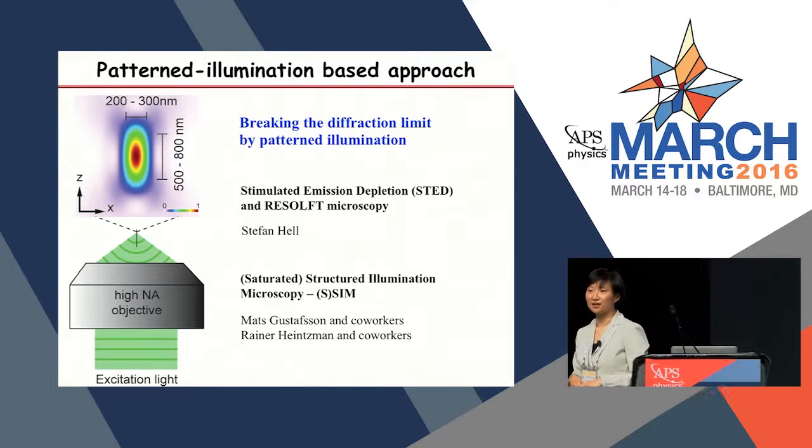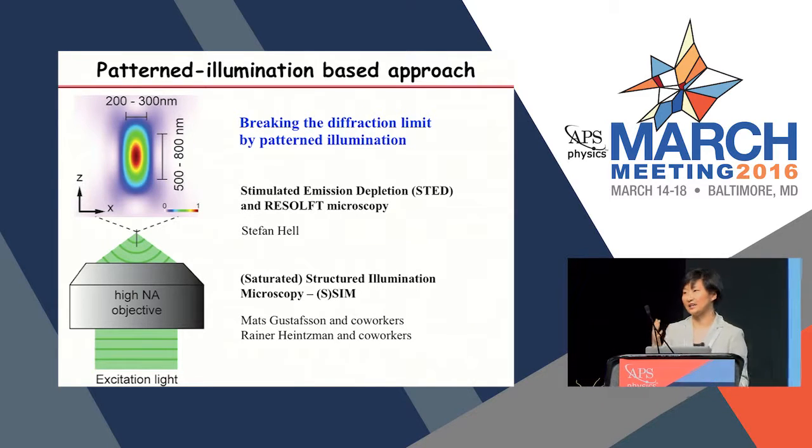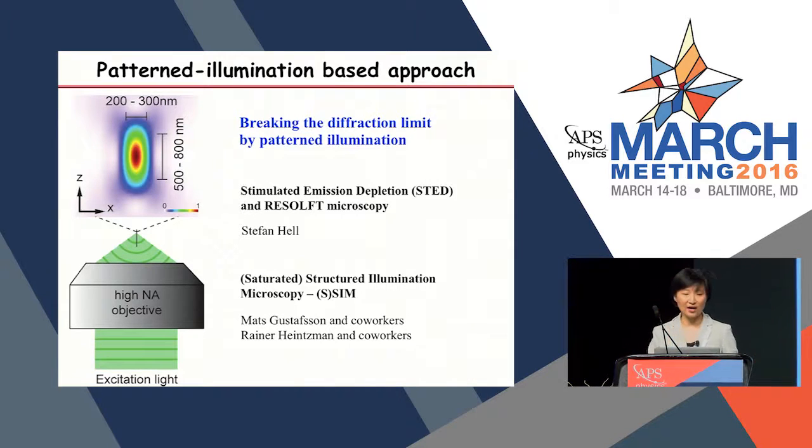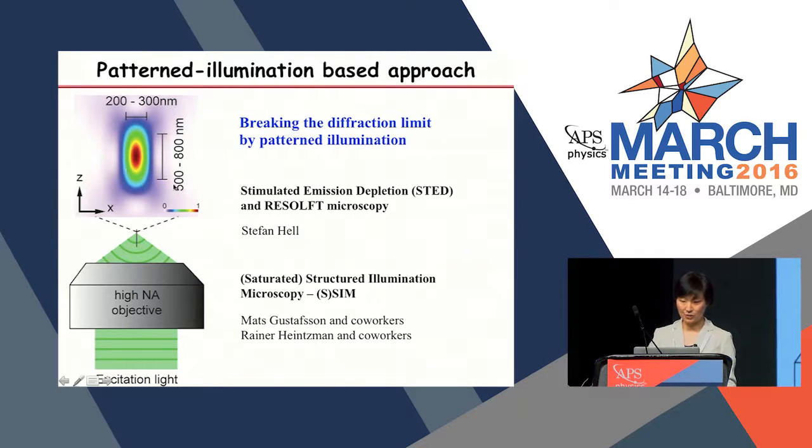And as I said, there are a couple of general categories. The first one is using pattern illumination to effectively shrink the point spread function of the microscope. Famous examples are stimulated emission depletion microscopy, or STED microscopy, or its generalized form RESOLFT, pioneered by Stefan Hell.